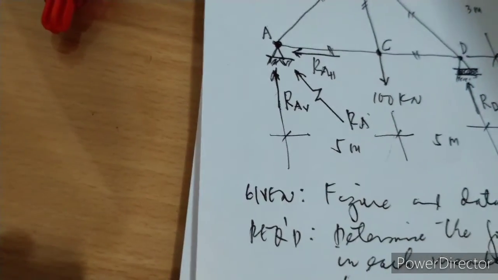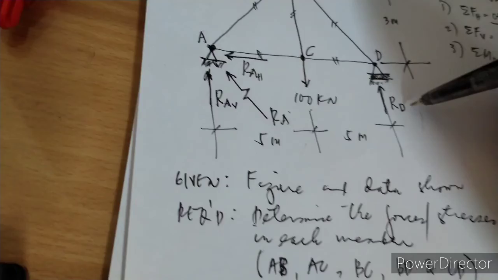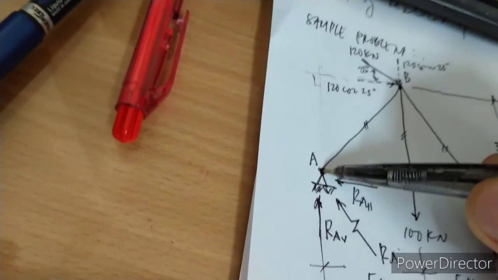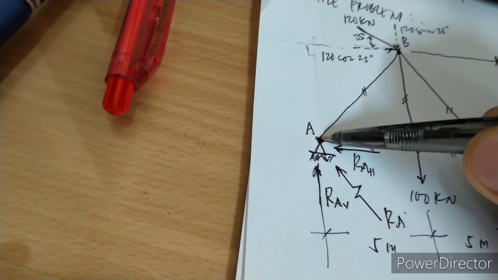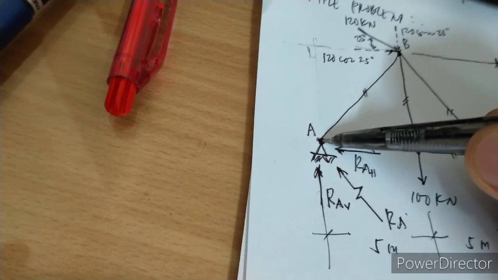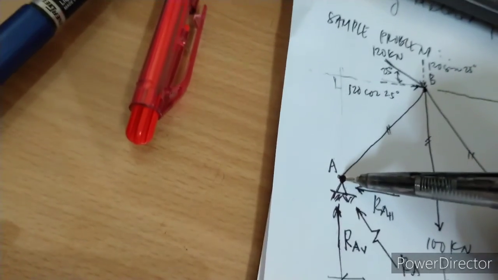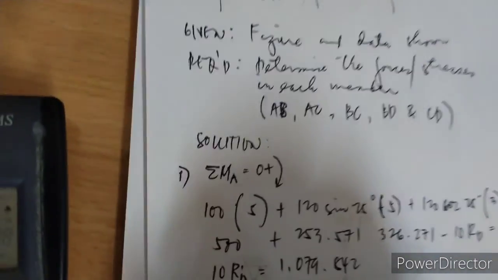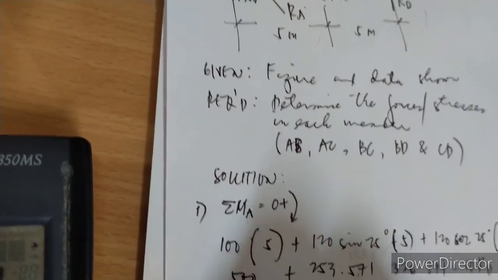Because if you're going to notice, in here we have already a numerical value of this joint, and of course hopefully we will be able to solve also the reactions or the horizontal and vertical components of this joint for us to have a numerical value later on as we go through the analysis.